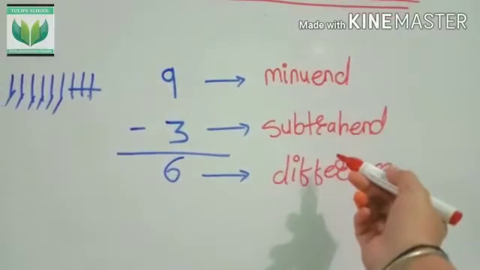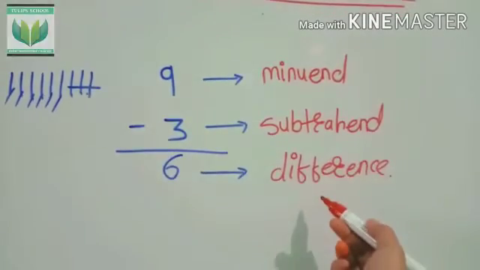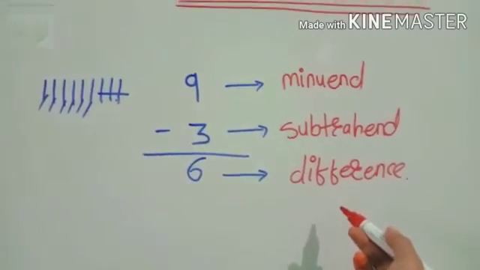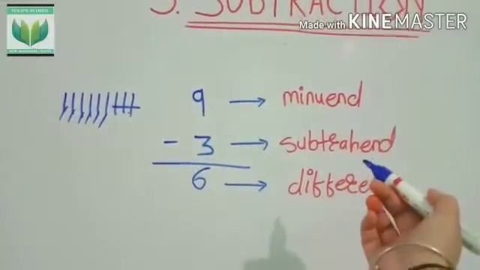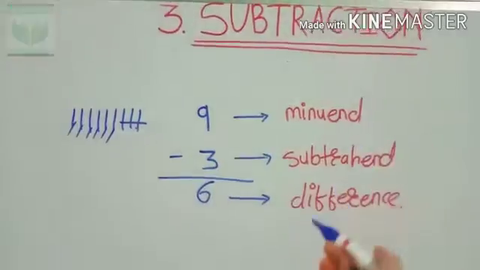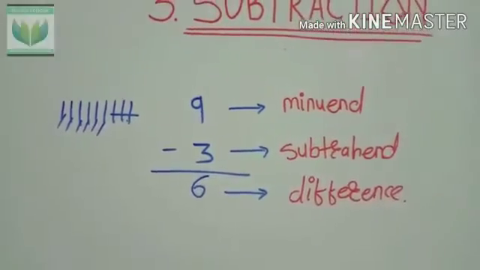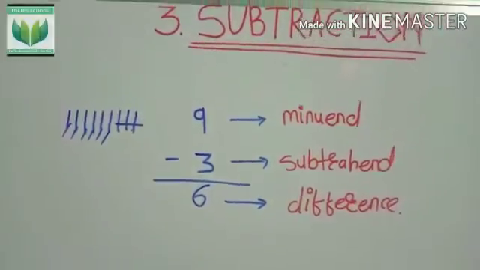Minuend minus subtrahend is equal to the answer, which is called what? Difference. Okay. On the basis of this minuend, subtrahend and difference, we will learn 4-digit subtraction without regrouping. Okay, now let's learn.